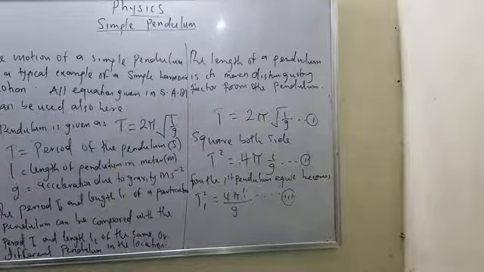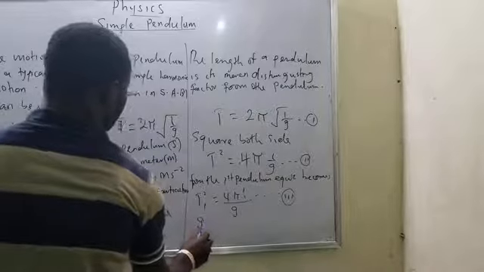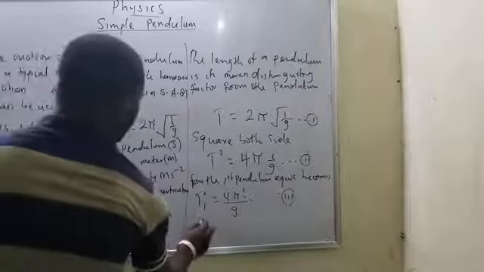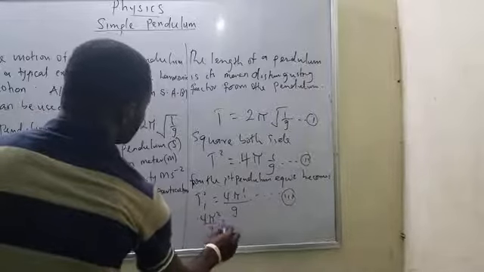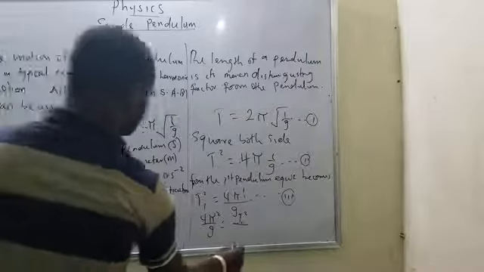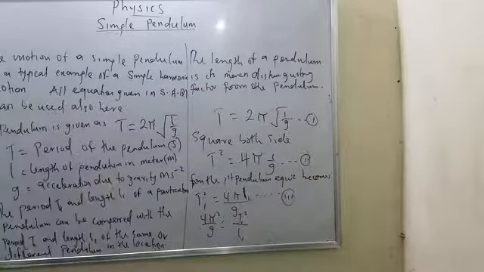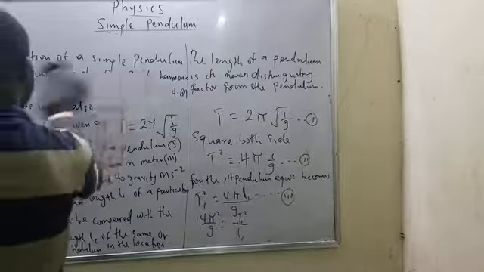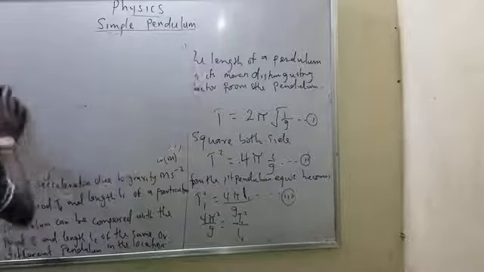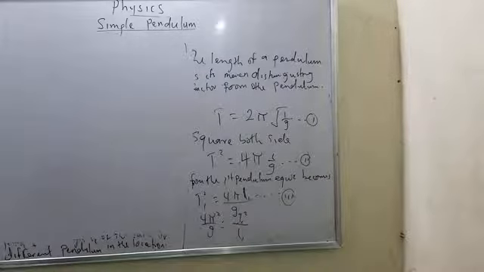From this, I can rearrange by having 4 pi squared over g equals T1 squared divided by L1, which I call equation 4.